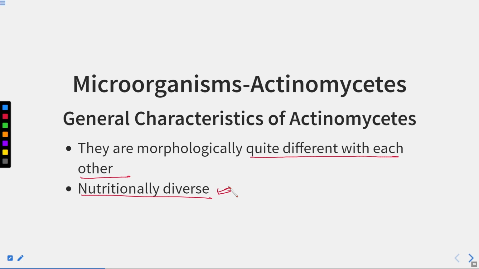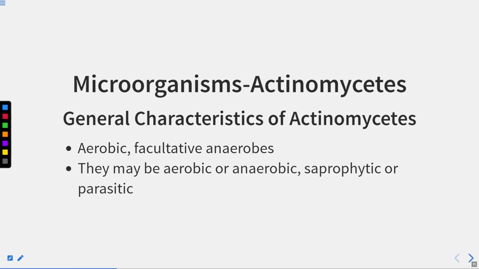Nutritionally diverse, what does this mean? It means that they have different types of nutrition. They can be pathogenic, they can be saprophytic, and they are morphologically quite different from each other. They are aerobic or facultative anaerobes. Facultative anaerobes means when oxygen is present, they can carry out aerobic respiration, but when oxygen is not present, they can behave as anaerobes.